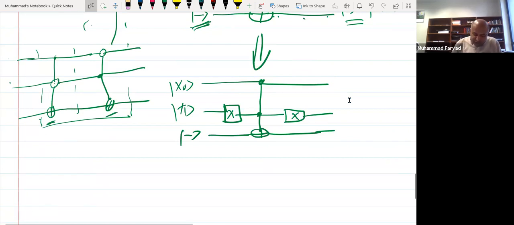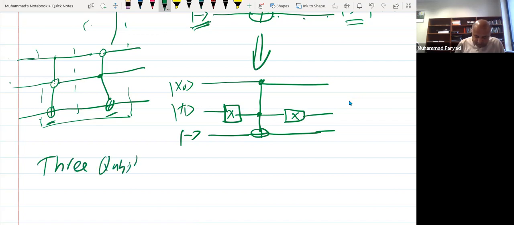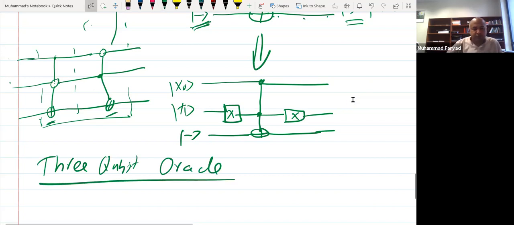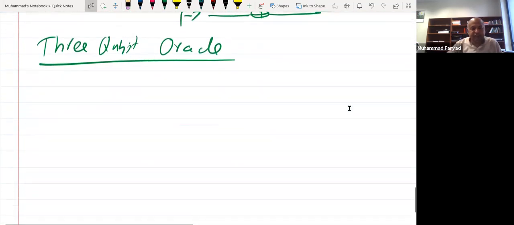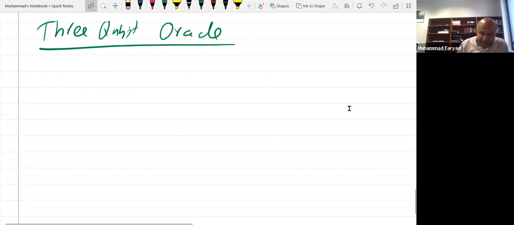Okay, so let's now come to a 3-qubit oracle. Naturally I can extend the concept like this. Suppose I somehow have access to this gate.